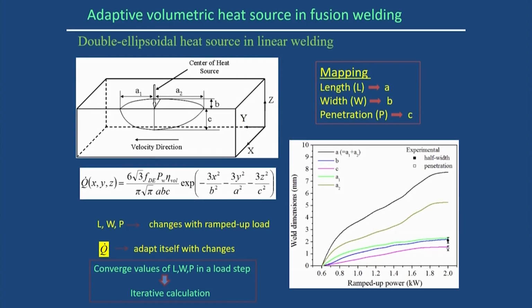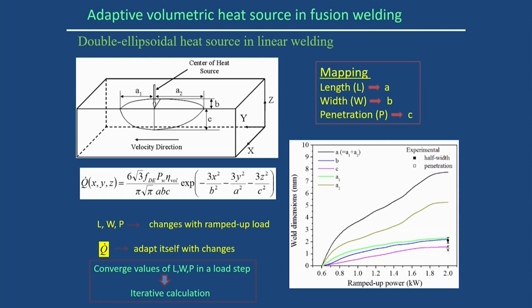In case of adaptive volumetric heat source in fusion welding, here you can see specifically when we try to apply it in case of steady state analysis, because in steady state analysis we can observe the development of temperature at one specific point, but it is not a function of time. So, then how to adapt, how to change these heat source parameters?